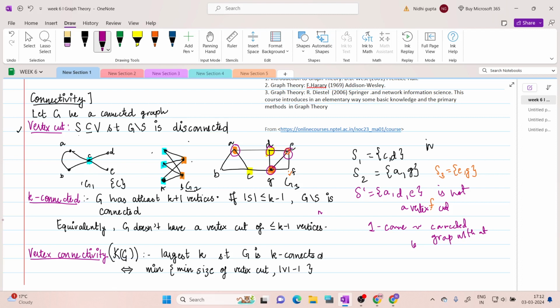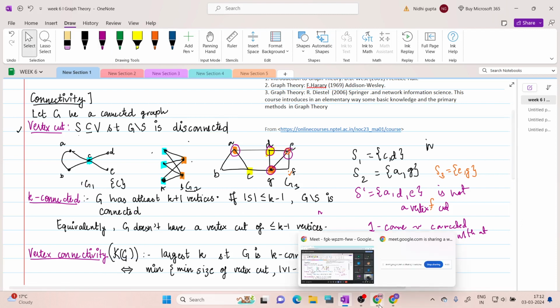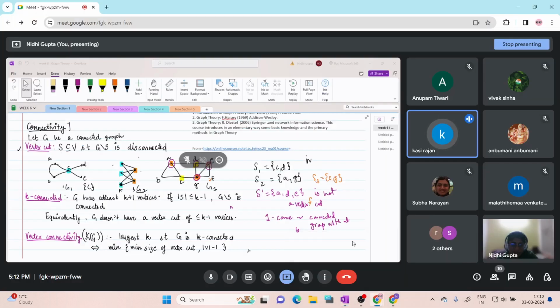So all these graphs G1, G2, G3 are connected. Therefore, they are 1 connected. But is G1 2 connected? No, ma'am. Because if we remove one vertex, the graph becomes disconnected. So it is not 2 connected.